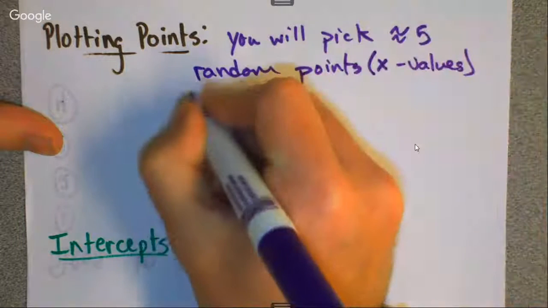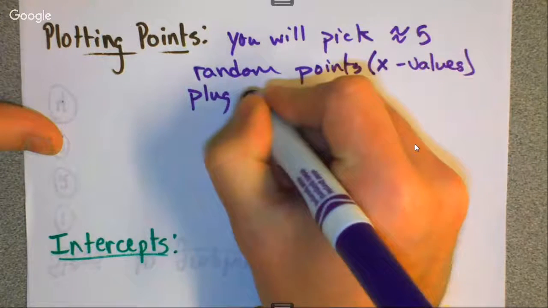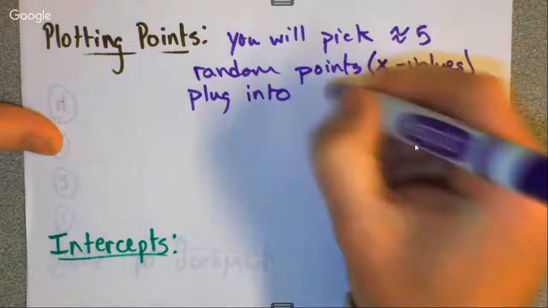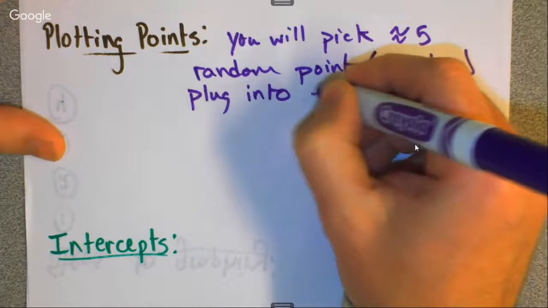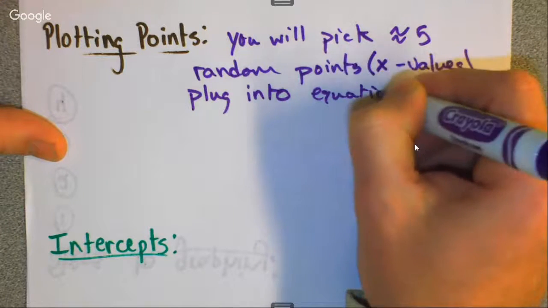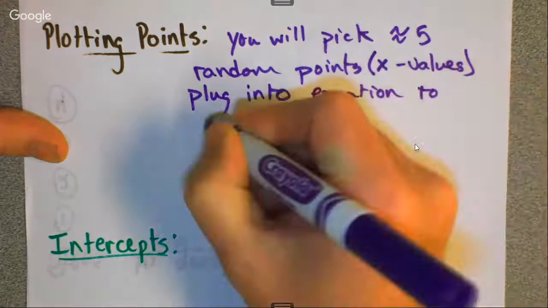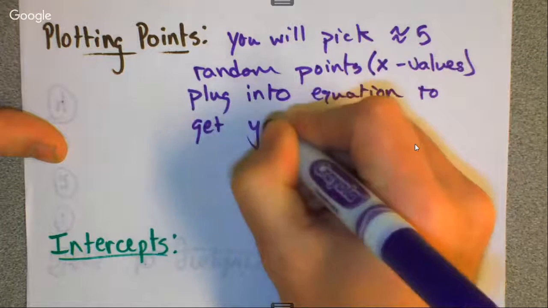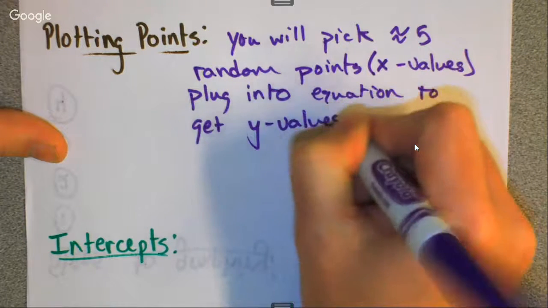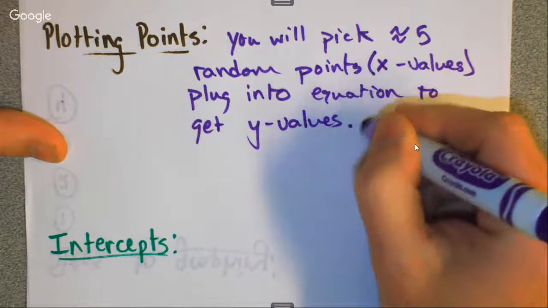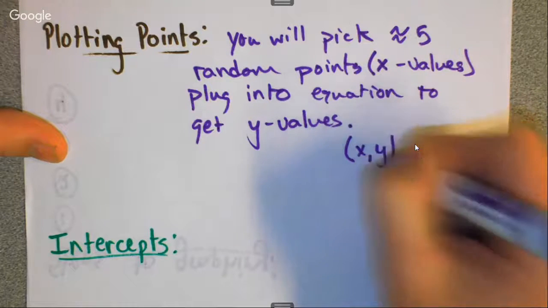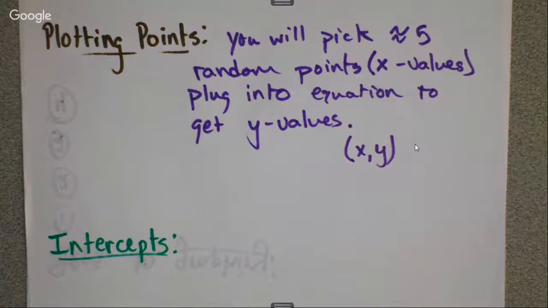And you will plug them into the equation to get your y values. Thus, you'll have an ordered pair, x, y. You will connect all these points, and you will connect them with a smooth line.